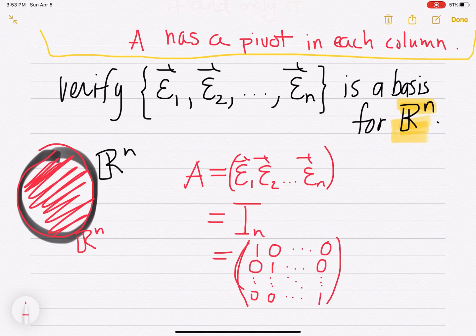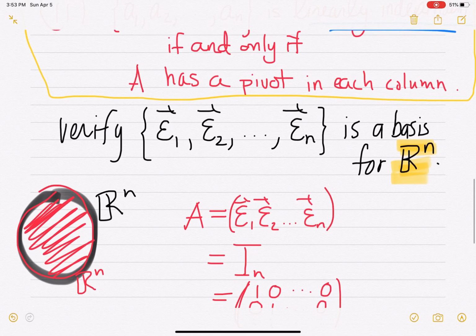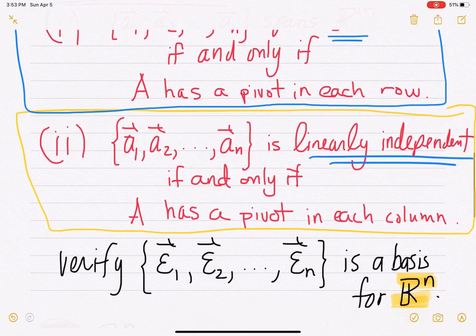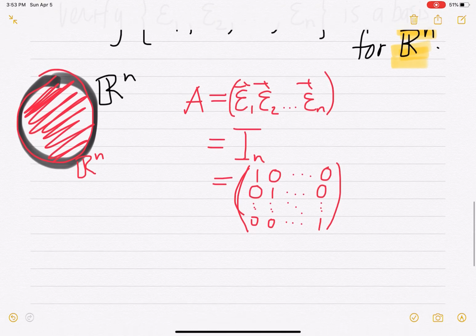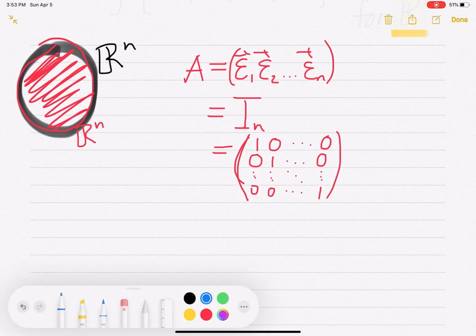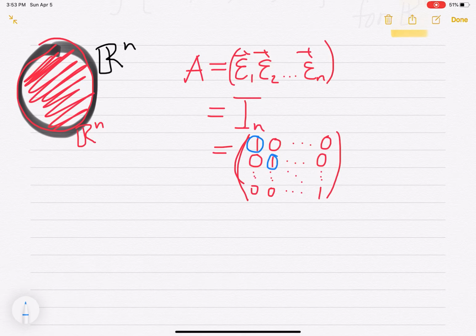So if you look at this, these two for spanning, in this case Rn, you have a pivot in every row, right? And you have a pivot in every column. If you look at every single column here, you have a pivot going down the columns, and also in every row.